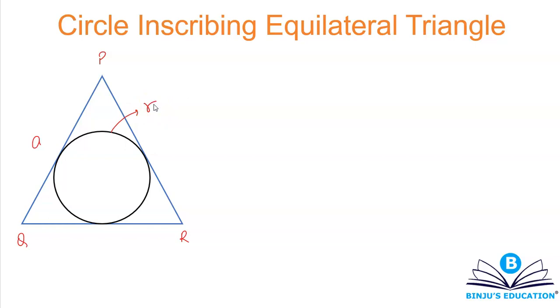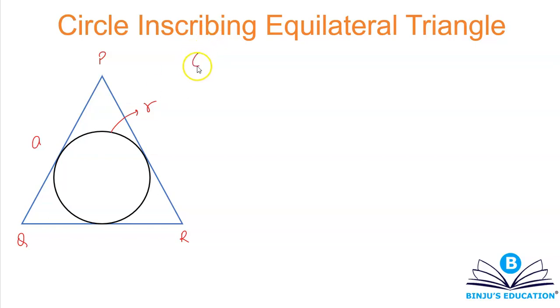Now what is the concept that we need to use in this case in order to determine the relationship? The concept is that whenever you have a circle inscribing or circumscribing an equilateral triangle, then the center of the circle overlaps with the center of the triangle.